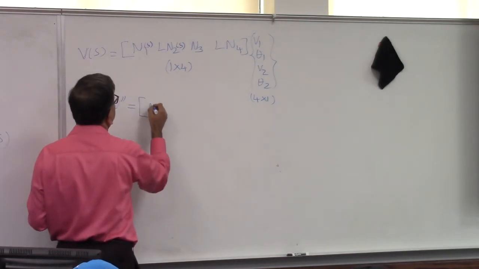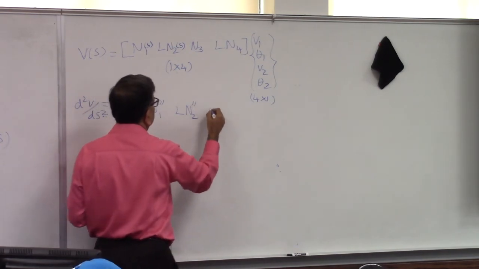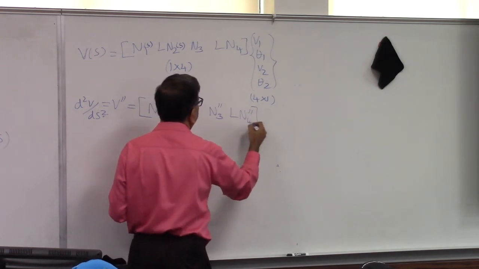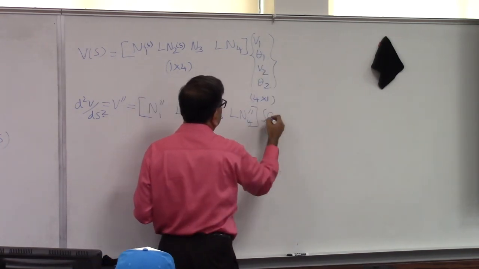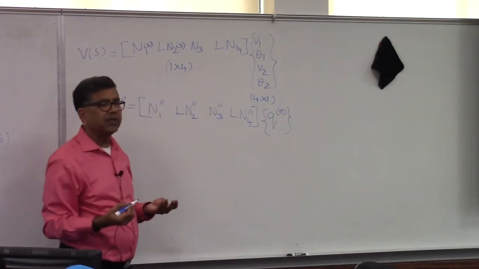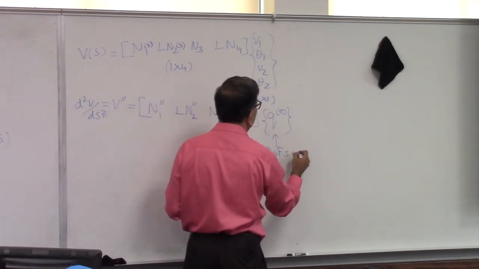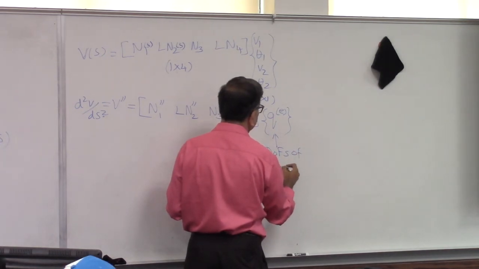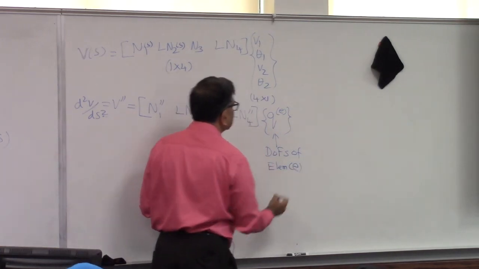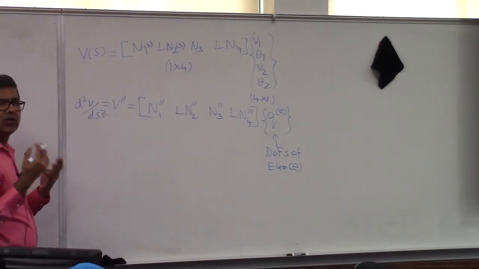So it can be written as n1 double prime, L n2 double prime, n3 double prime, L n4 double prime, times, in shorthand form, we can call them Q E, meaning that these are the degrees of freedom of the element E. Just call it Q. Sometimes I don't even put the E because we are talking about one element.